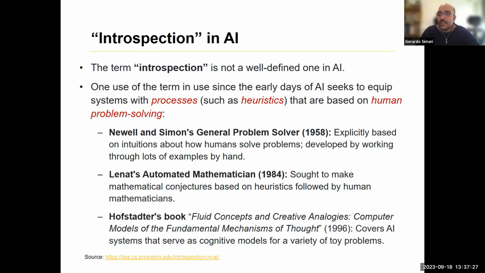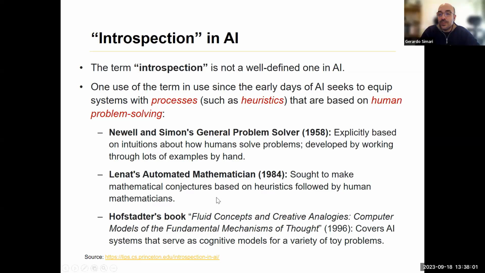And in those early days, they developed a lot of examples by hand to try and mimic them automatically and algorithmically. Then about 30 years later, in the 80s, Lenat's automated mathematician, which also sought to make mathematical conjectures, kind of like the abduction-based material that Paulo covered last time, based on heuristics also followed by human mathematicians.